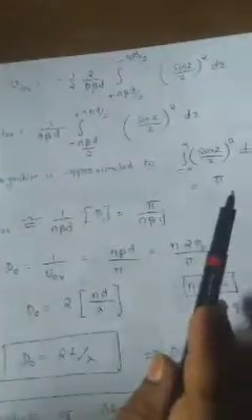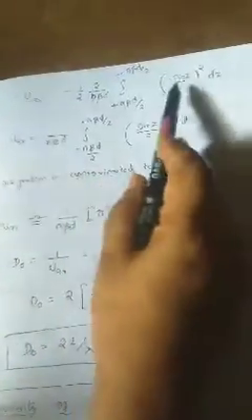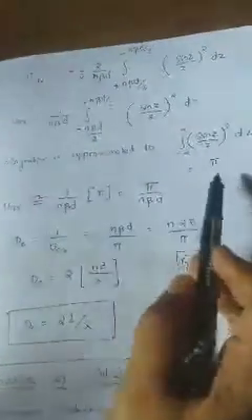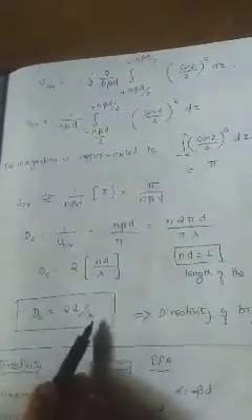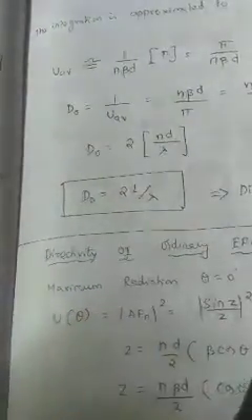Then substituting the limits and rearranging the equation, we obtain the directivity equal to 2L by lambda. So this is the directivity equation, 2L by lambda.